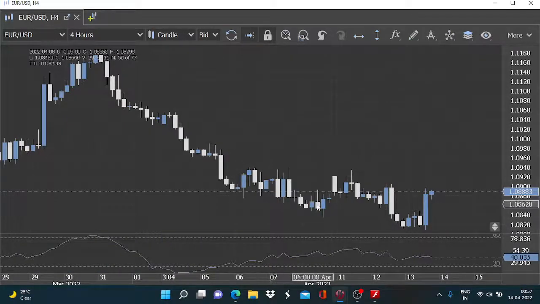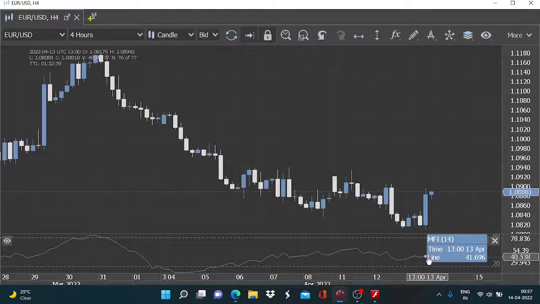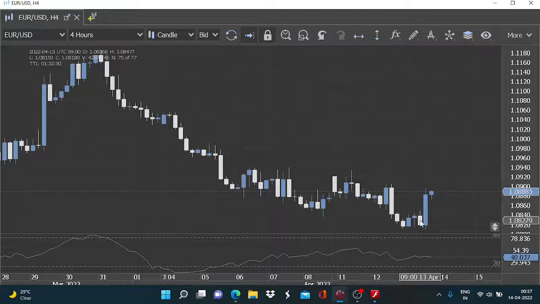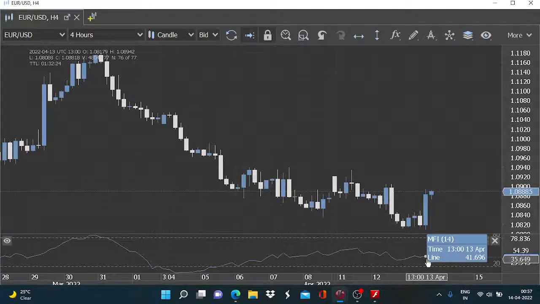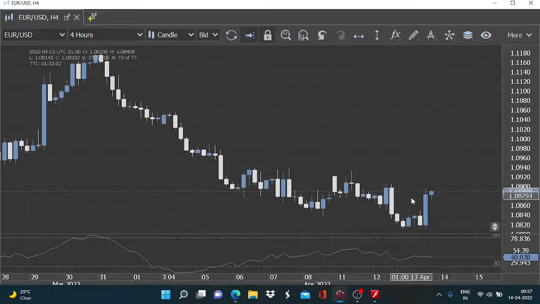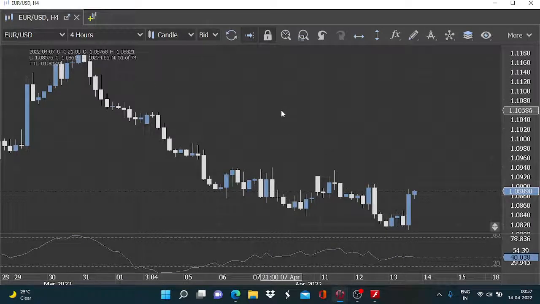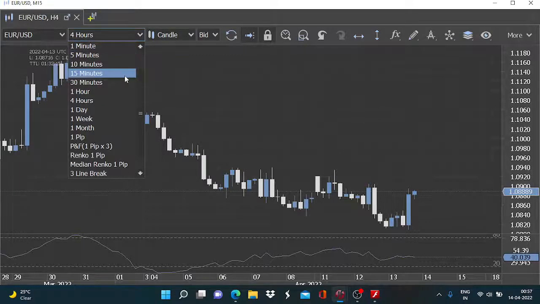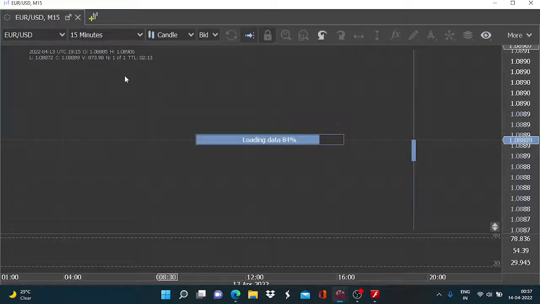So we are going to compare the output value of the MFI for the last 4 hourly block, and we will keep an interval of 8 hours. So we will consider the last 4 hourly candle, and we will skip the penultimate one, and the third last we will consider. We will compare these two output values, and if the MFI values are on the rise, we will look for opportunities to go long, provided on the lower time frame of 15 minutes we have the optimum setup in place.